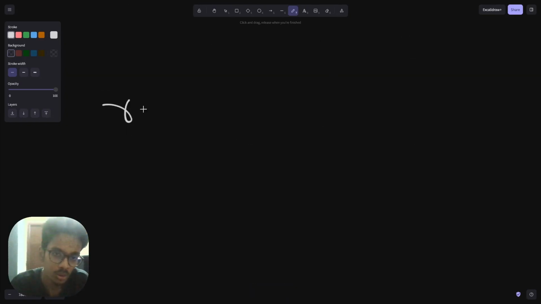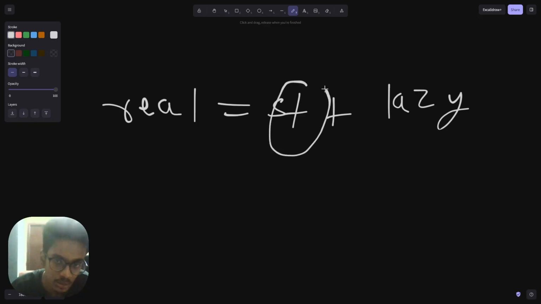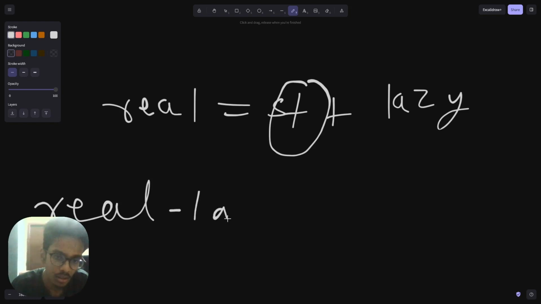I already told you real value is equal to stored plus lazy. I only have these stored values in the unordered map. That means the stored value which I need to find is real minus lazy, which is equal to the stored value.